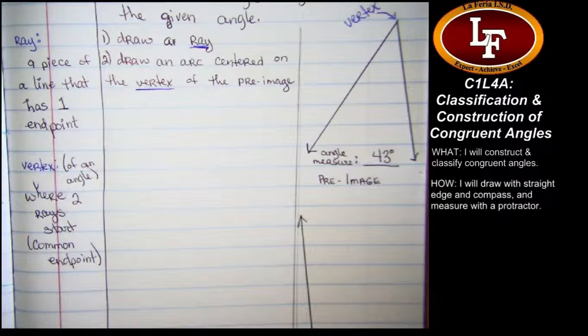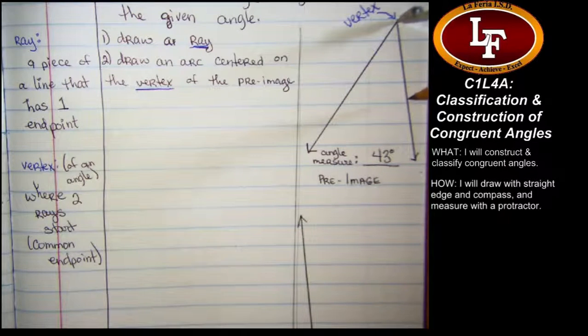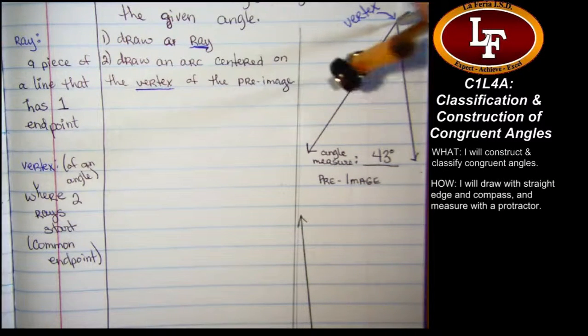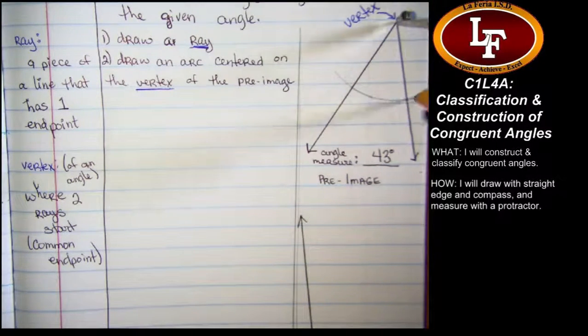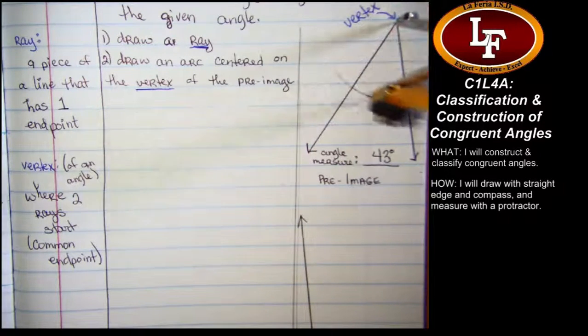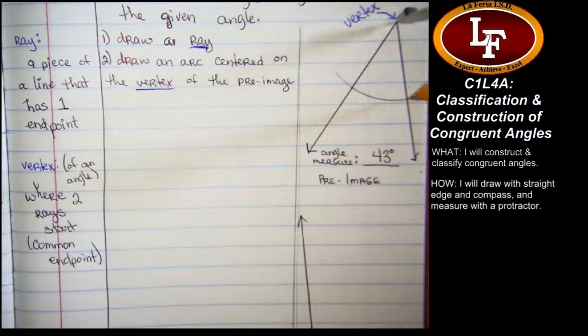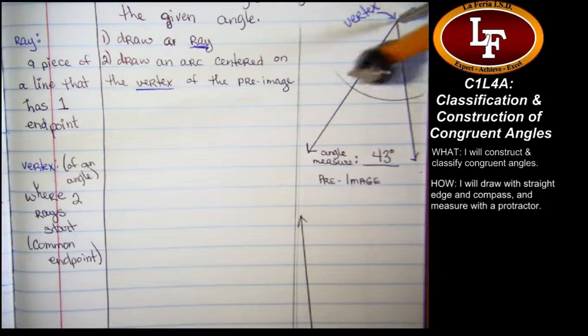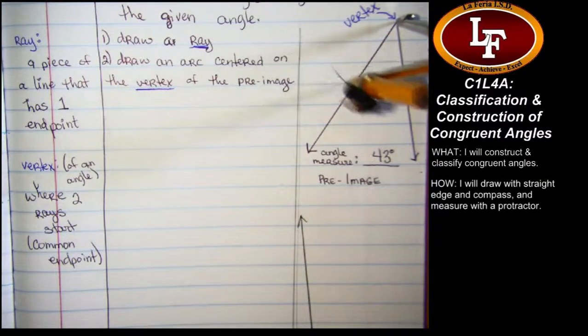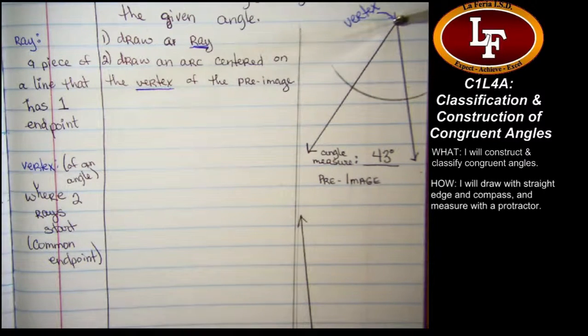Now notice it doesn't tell me how big to make these arcs, right? So I can just go ham. Okay, there we go, and there's my arc. I got to do the compass radius whatever I wanted. I just want to make sure that that arc intersects both rays of my angle.